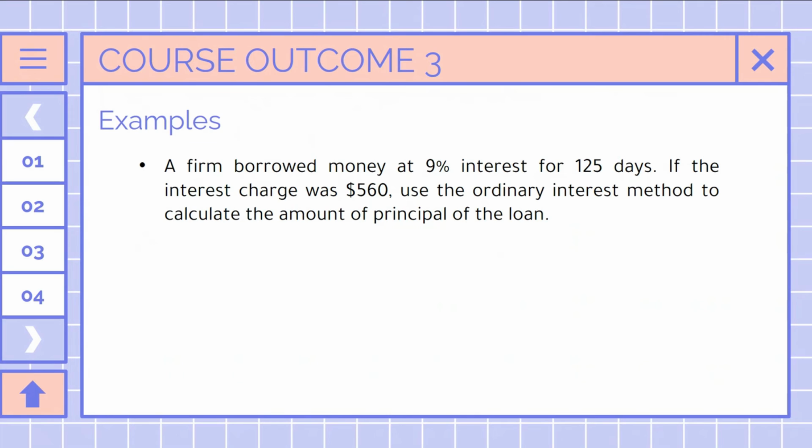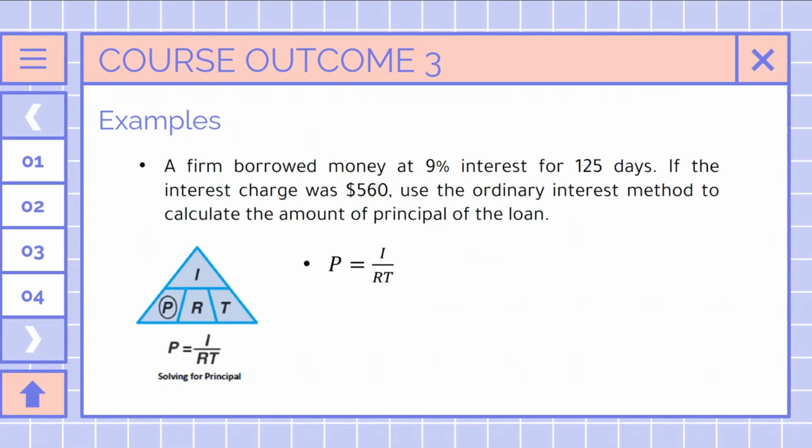Now, let us solve this given problem. A firm borrowed money at 9% interest for 125 days. If the interest charge was $560, use the ordinary interest method to calculate the amount of principal of the loan. So here is our formula. Principal is equal to interest over rate times time.